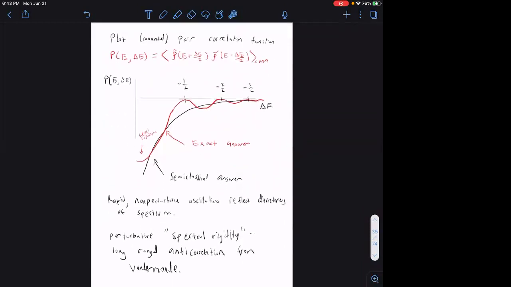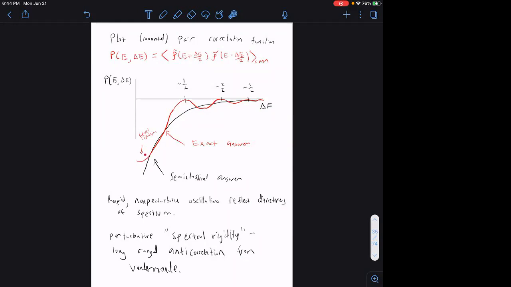So this sine kernel function that I've shown you, we can think about it as this pair correlation function by changing variables to an average energy and energy differences. I'm going to plot this again. Here we can see there's this long-ranged anti-correlation in black, which is that perturbative piece.